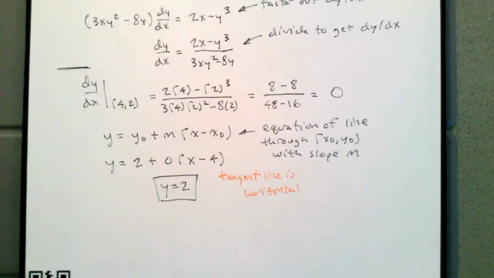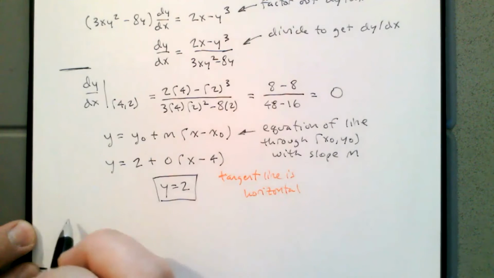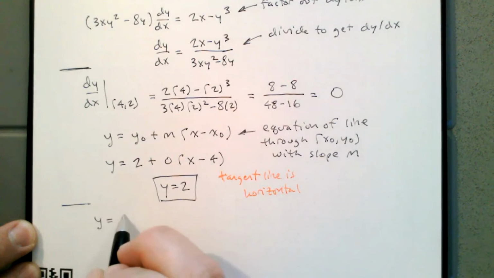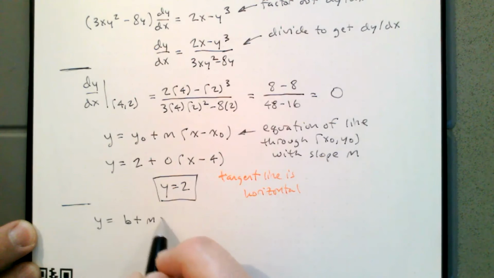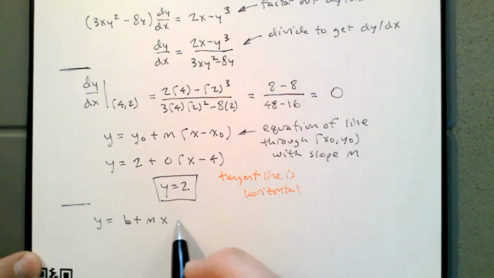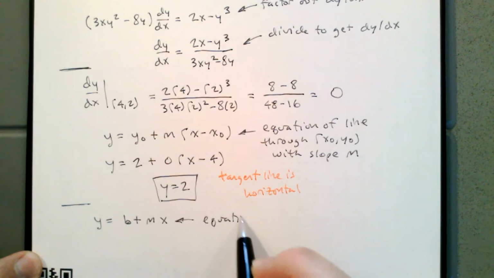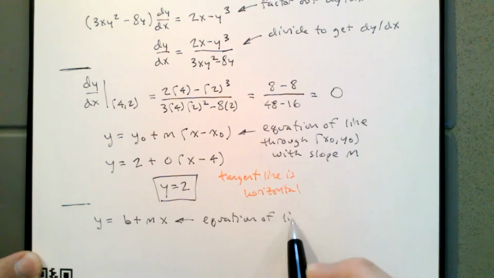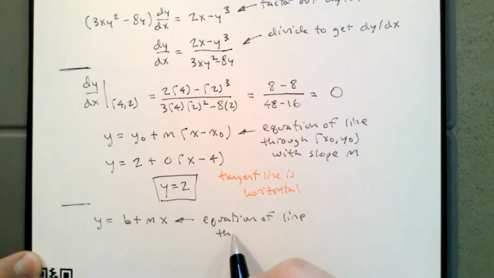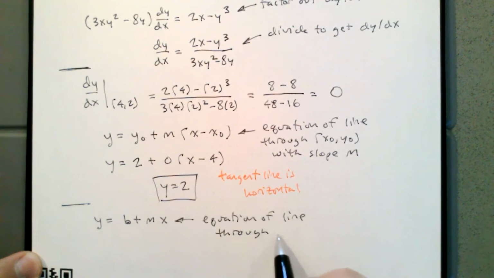So when we write the equation, it's a more general form of y equals b plus mx. So b plus mx is the equation of a line through the point (0, b) with slope m.